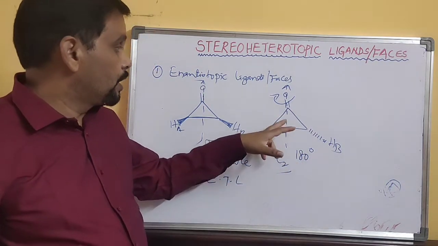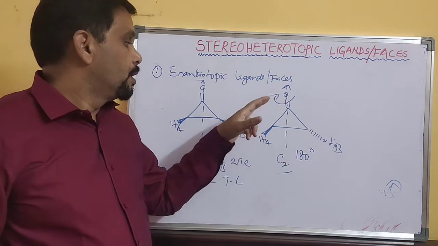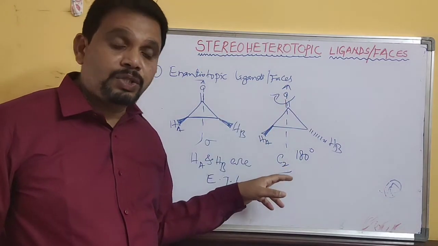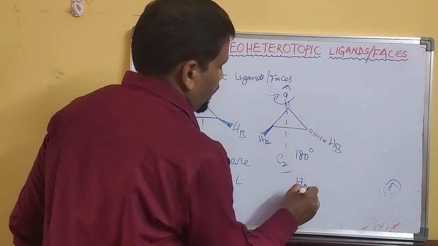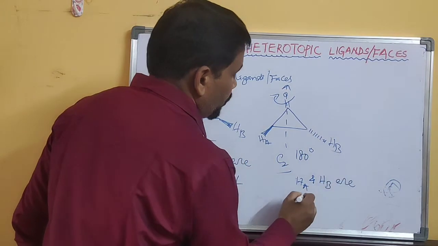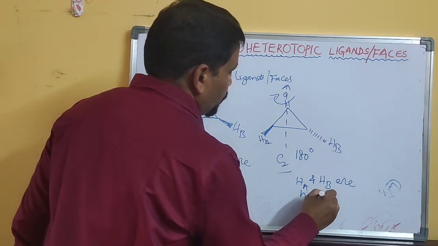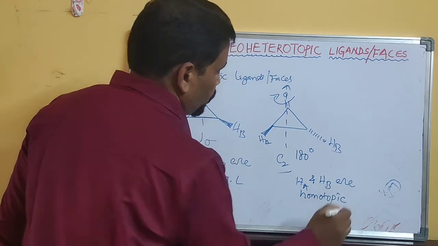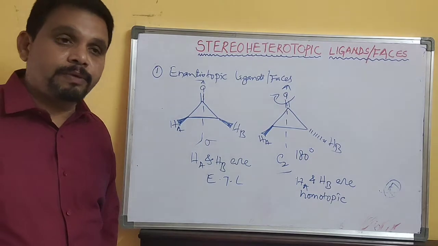That means in this isomer, there is a Cn axis of symmetry, a C2 axis. Therefore HA and HB are homotopic, not heterotopic, homotopic, because of the C2 axis of symmetry.